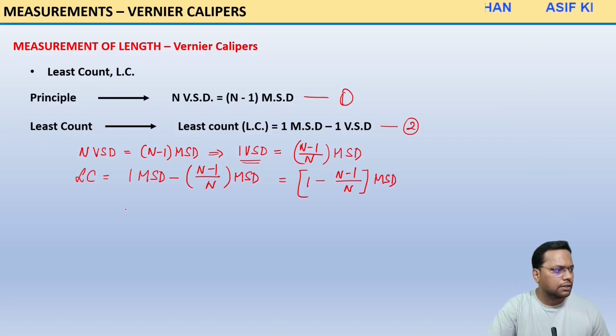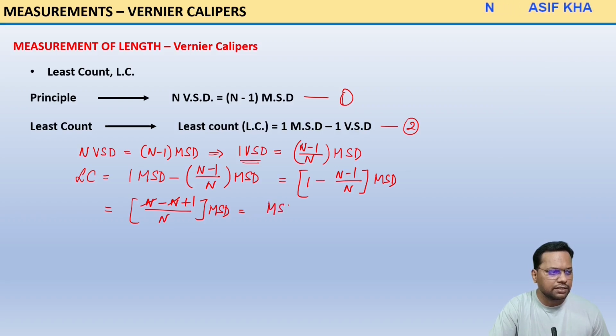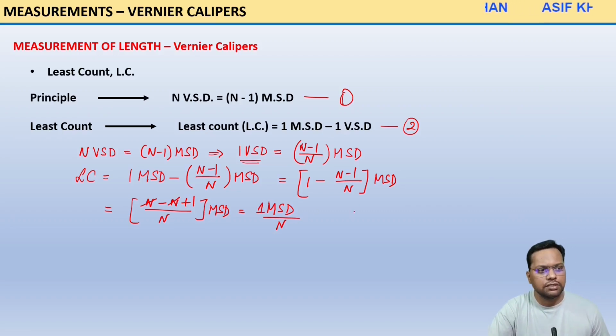Now if you simplify further, you will get n minus n plus 1 divided by n into MSD. If you simplify further, this n and n get cancelled, and you will be remaining with the main scale division, 1 main scale division divided by the total number of Vernier scale divisions.